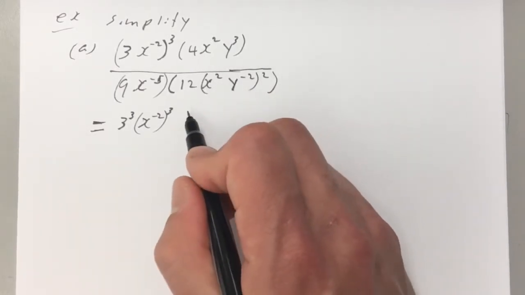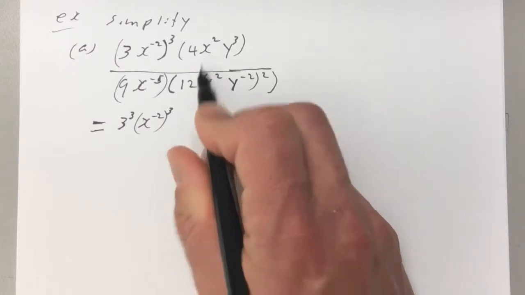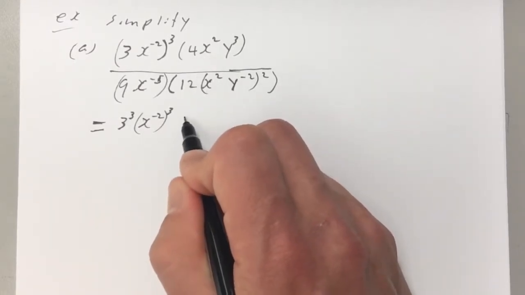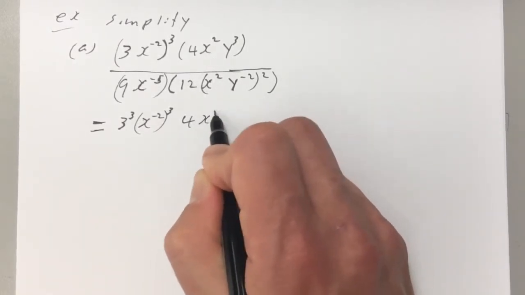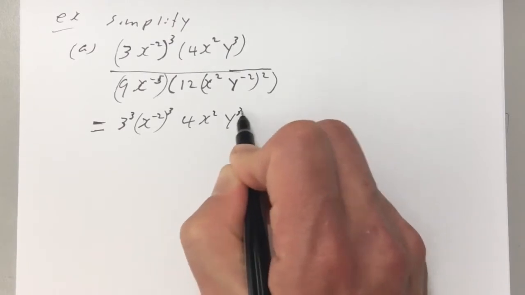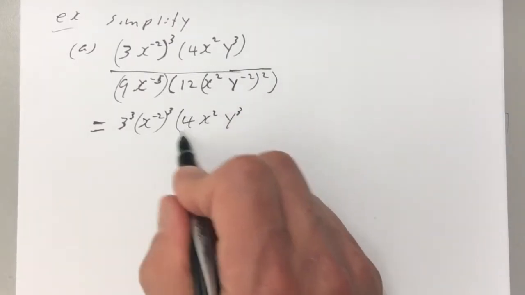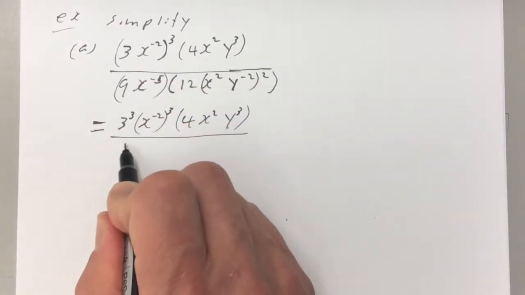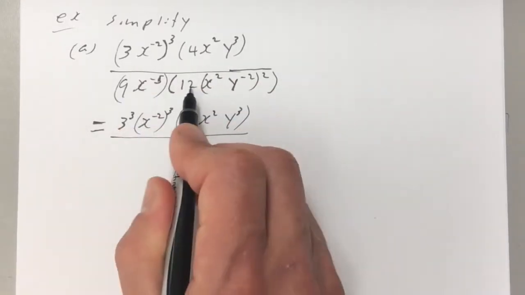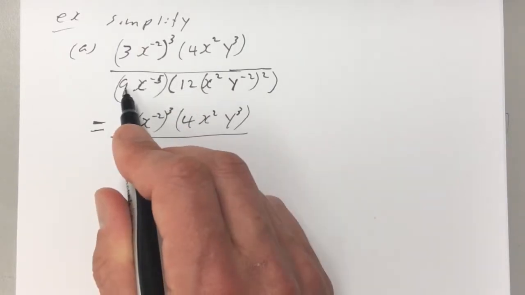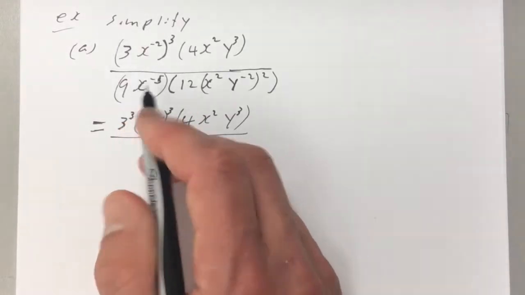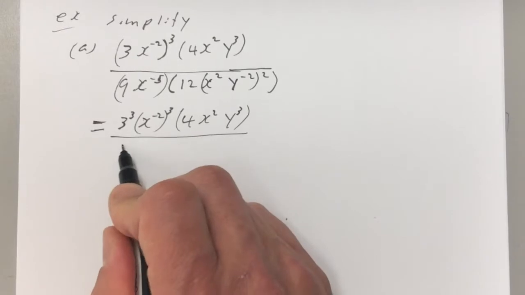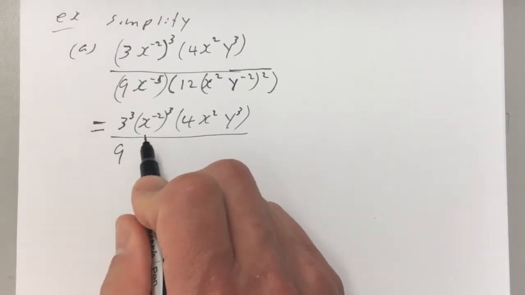Okay, and then we've got times 4x squared y cubed, and then down below we've got still the 9 and the 12, so we can leave those there for now. We'll simplify them soon.